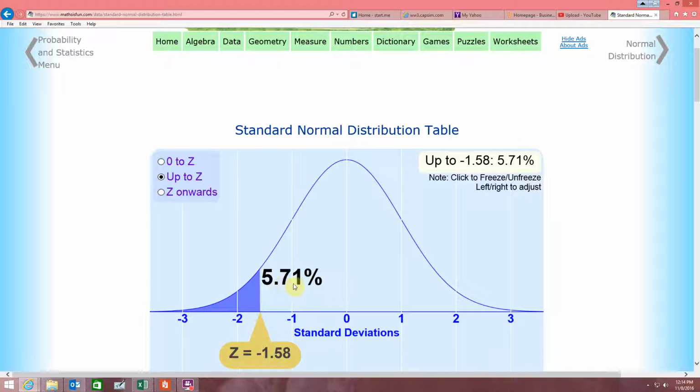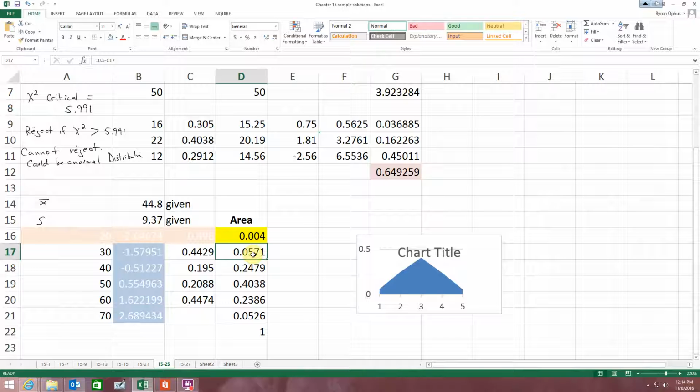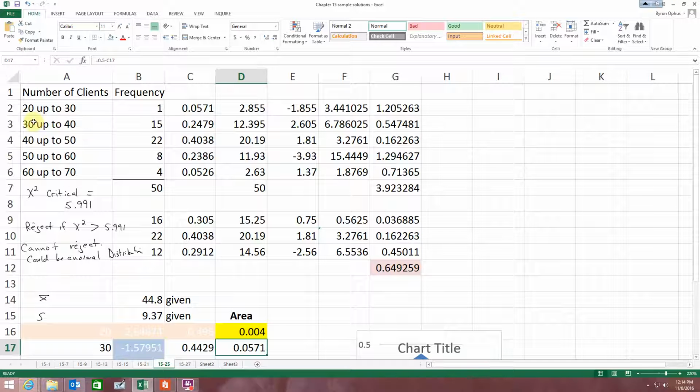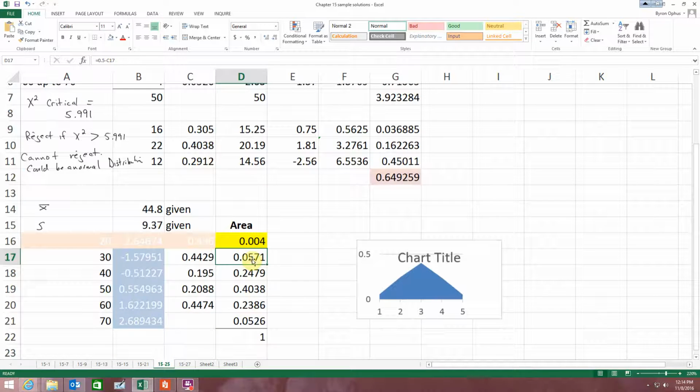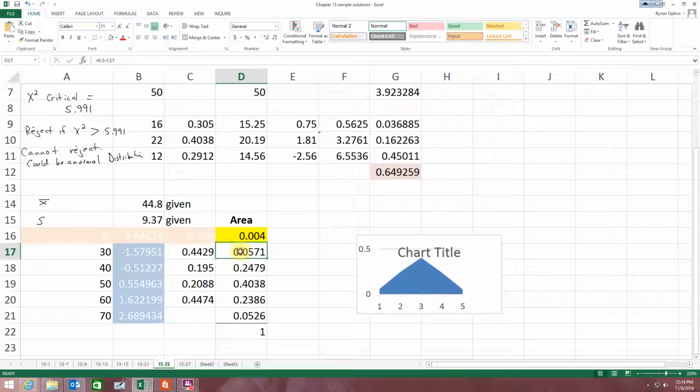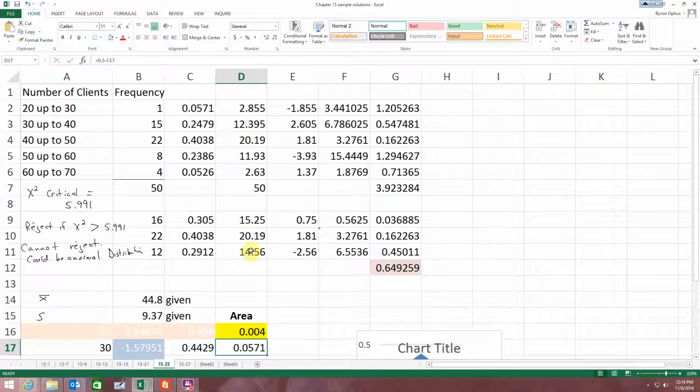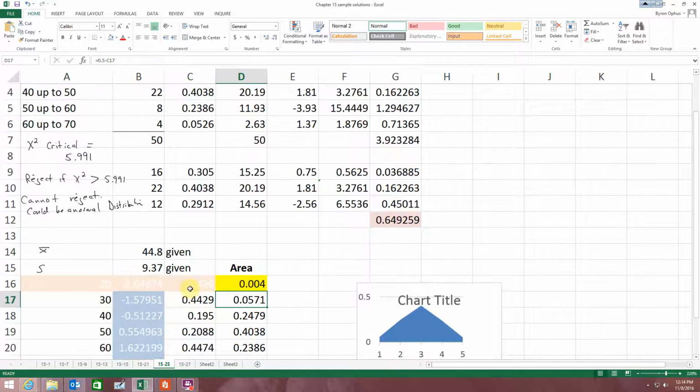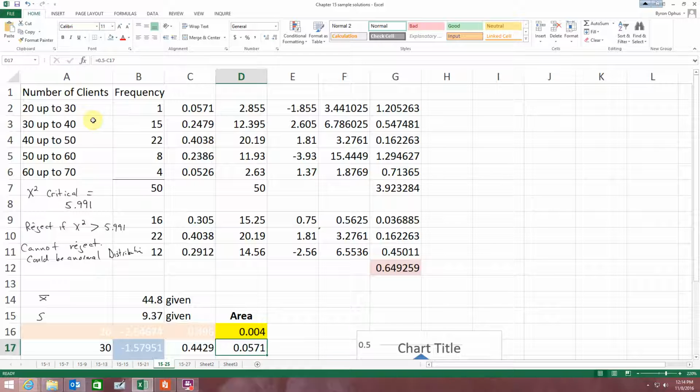So I got 5.71, or 0.0571, and that's up to my 30, so it includes this area, and then the area in between there, I guess you would say. So now I'm going to input that up here, so that is equal to my number that I found here. We're going to ignore this 20 because it's not part of this when we get up here, and we have a little other stuff to do too.